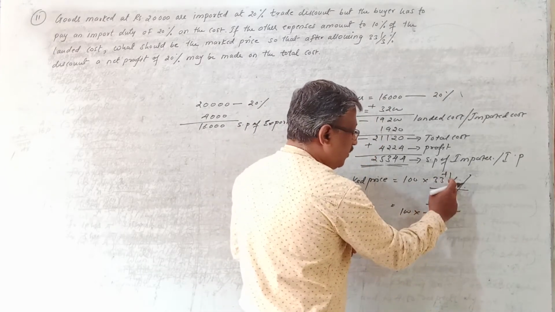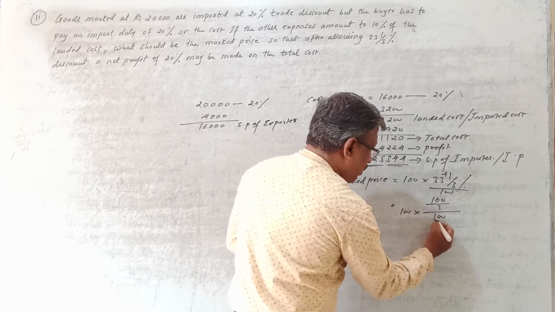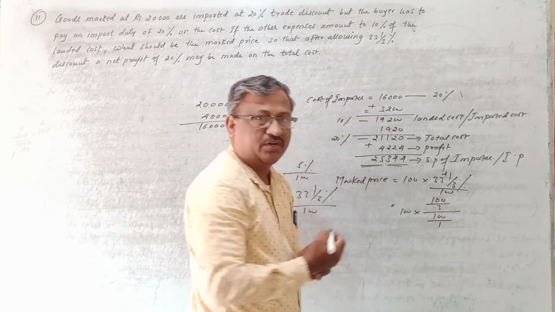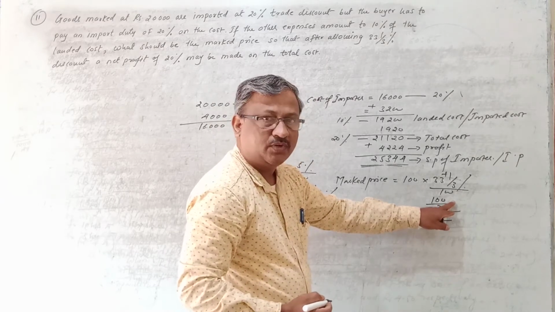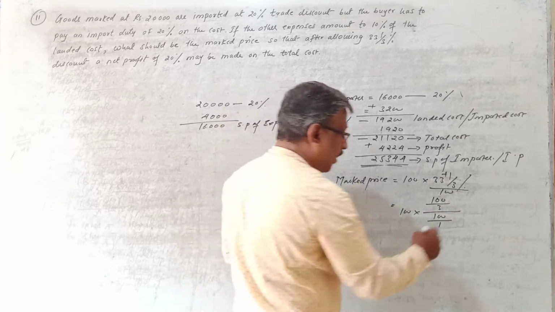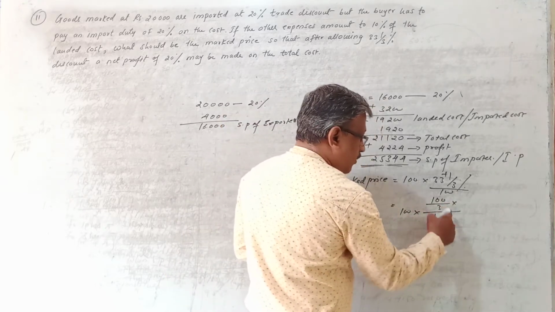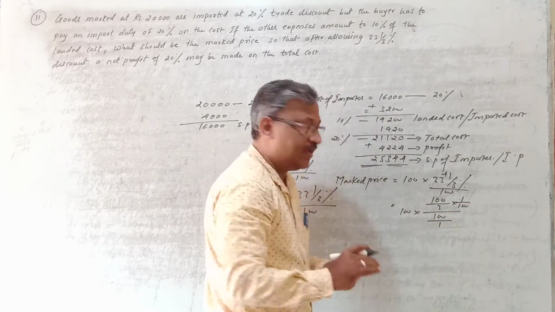So 33 and 1/3, if you simplify, you will get 100 by 3. That is divided by 100. Or 100 means what? It is 100 divided by 1. So you transfer 100 divided by 1 to the numerator place. If you transfer 100 upon 1 to the numerator place, it becomes reversed. 100 upon 1 becomes 1 upon 100. Means this denominator gets cancelled, right?